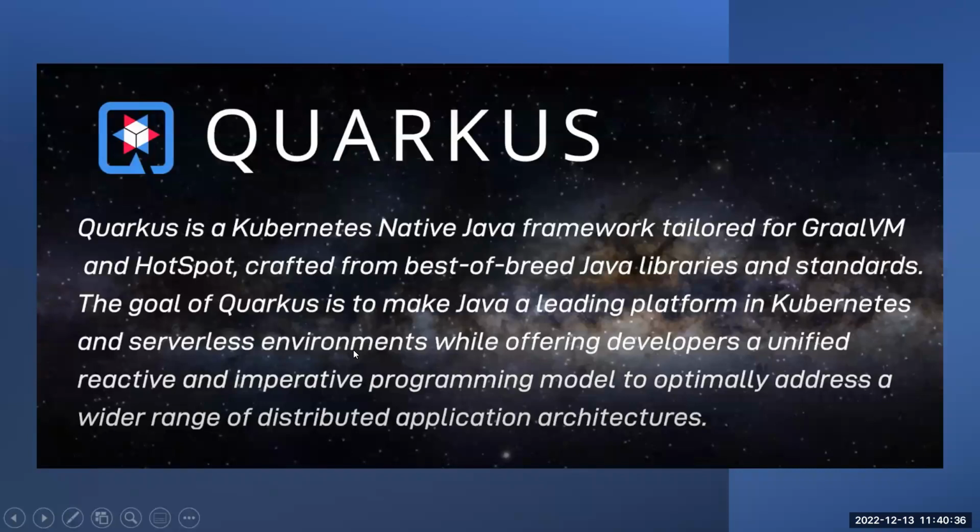Now, the goal of Quarkus is to make Java a leading platform in Kubernetes and serverless environments. What is a serverless environment? Serverless is a cloud native development model that allows developers to build and run applications without having to manage the servers.